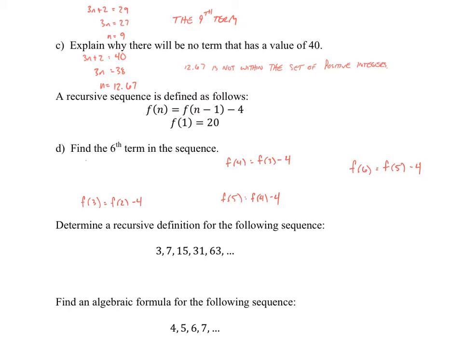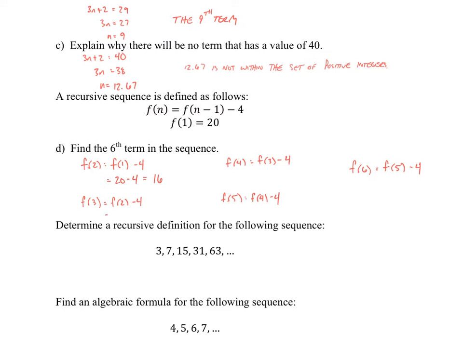But f of 2 we can find, because in order to find f of 2, I need the previous term, which is the first term in the sequence, and we're given that. They told us the first term. That's why this works. So if I plug in 20, which I know to be f of 1, and take away 4, then I'll get 16. And now I know that 16 is f of 2, so I can start feeding that information to the next term.